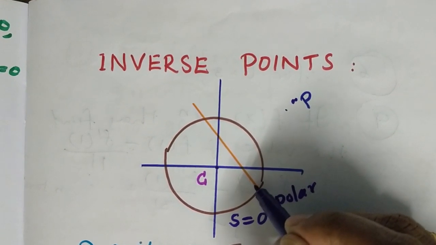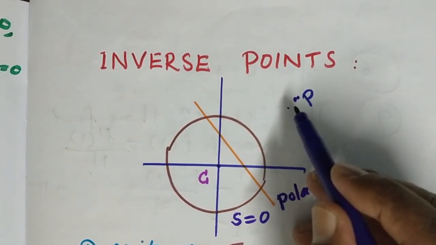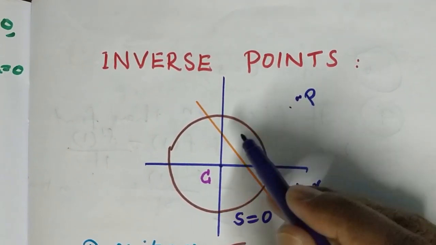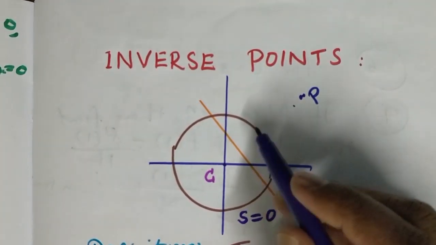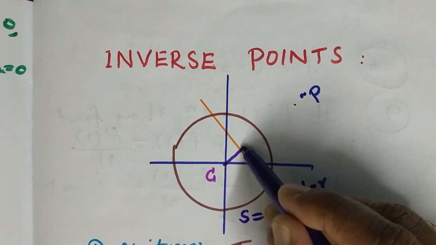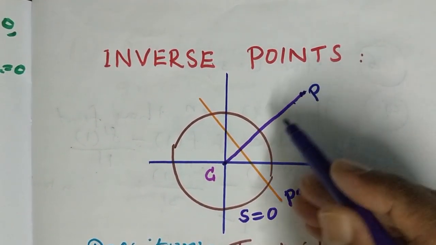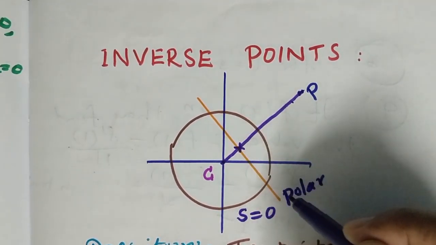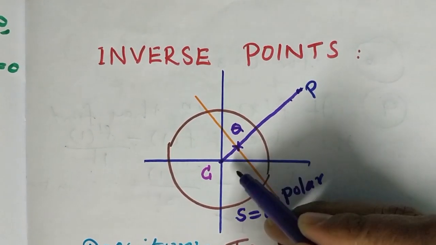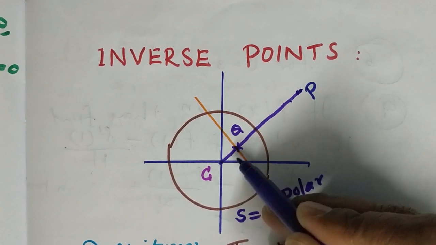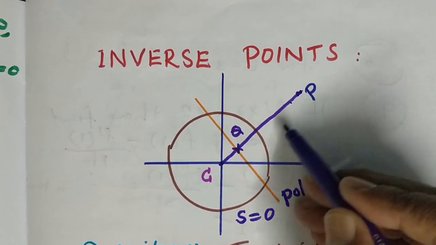When the point is external of the circle, the polar is inside the circle. And you join CP, this line intersects the polar at some point Q. You observe that C, Q, P are collinear.